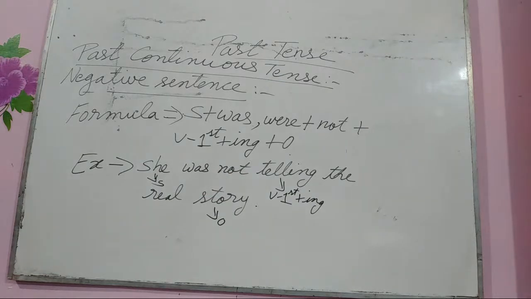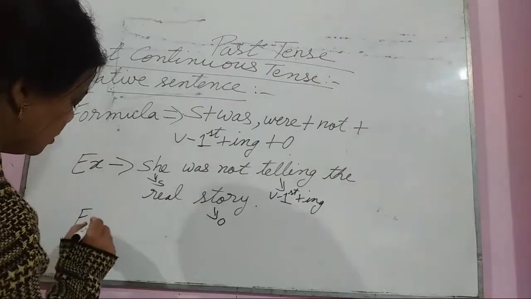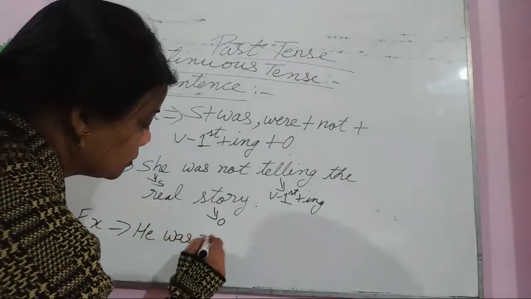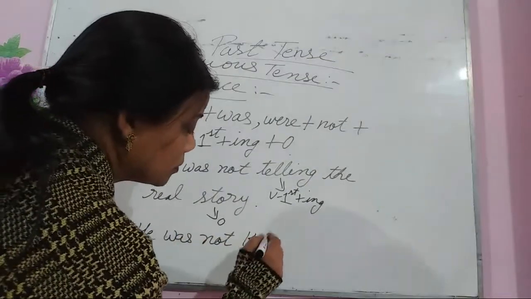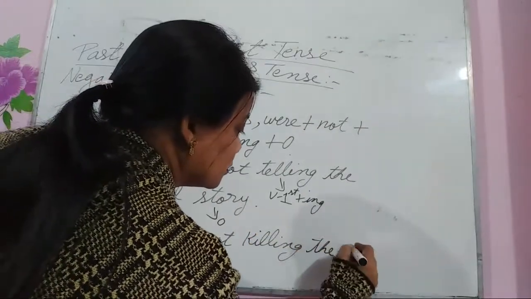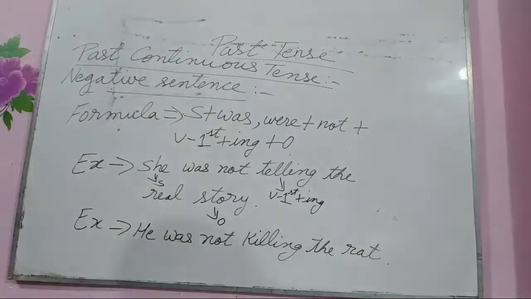Now let's see the next example. The sentence is, he was not killing the rat.